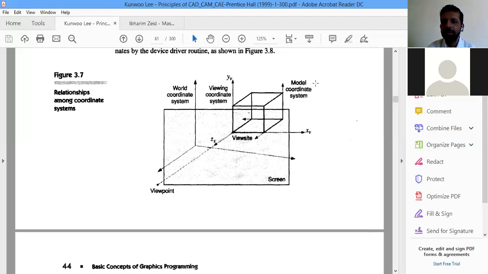Even in certain cases where we give a revolved protrusion, where we want to convert a circle into a cylinder, or half of a cylinder to be converted into a revolved protrusion, there we give an input called 360 degrees. Though it is polar in nature, it will be converted into Cartesian coordinates only. So this model coordinate system can understand only Cartesian coordinates, where it should have x, y, z values.